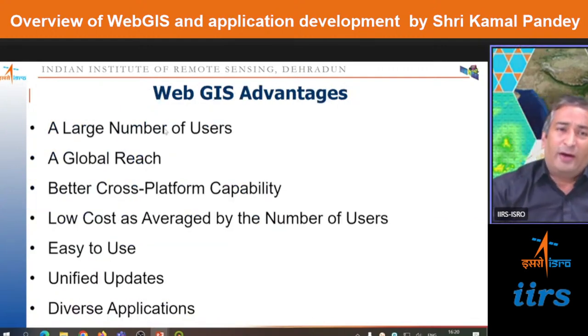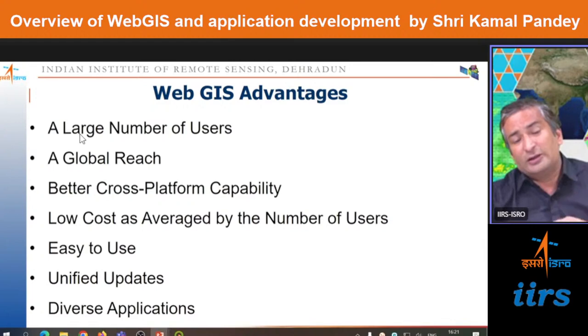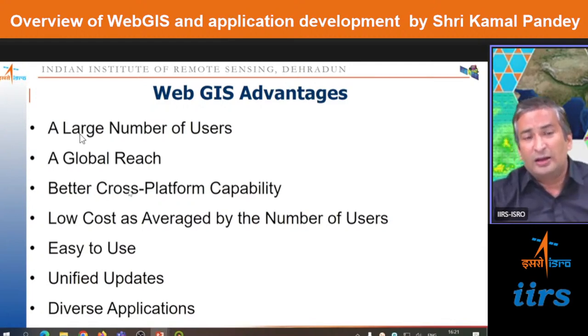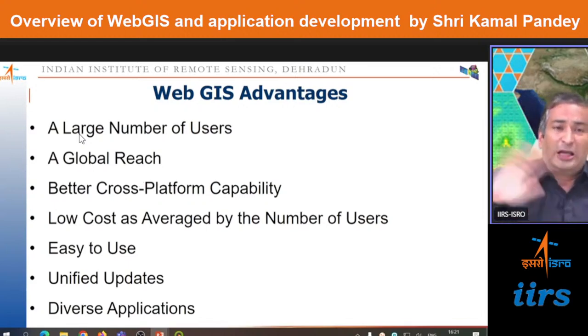Now, what advantage does it have? It is again the same advantages of the client GIS server or the client-server architecture. It has a large user base. It can reach global at the same time. Better cross-platform compatibility, irrespective of which computer you have and which kind of operating system you are running. So it can work on all those computers. Once you have created it for one, you run it on multiple PCs.